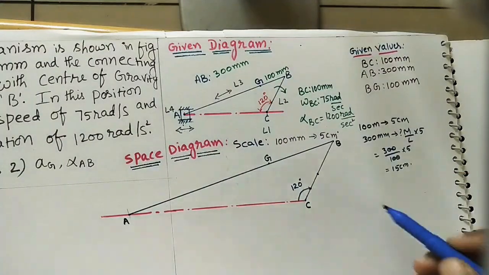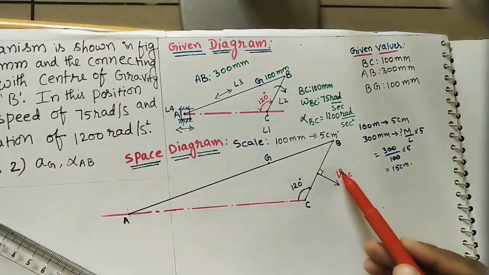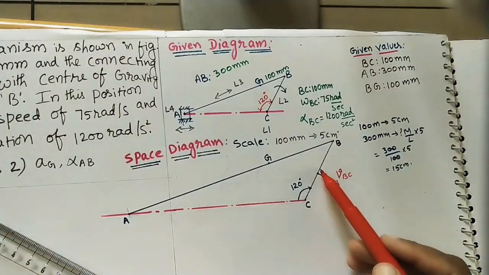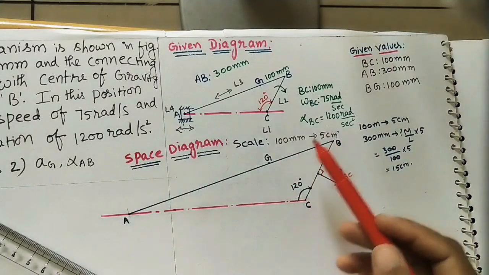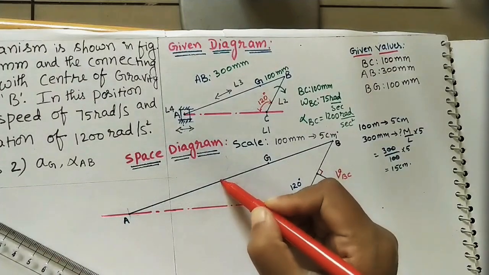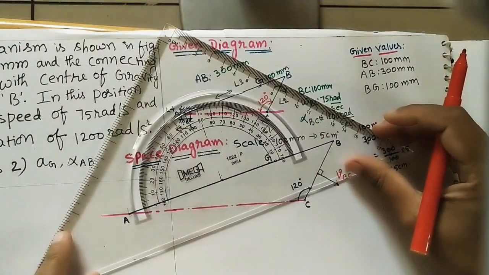So join this one and this one. It is the direction of BC link. So this line will give the velocity of BC link, and this is perpendicular to this link. So direction of velocity. And here also for AB link, take any point. So at this point take a 90 degrees line.